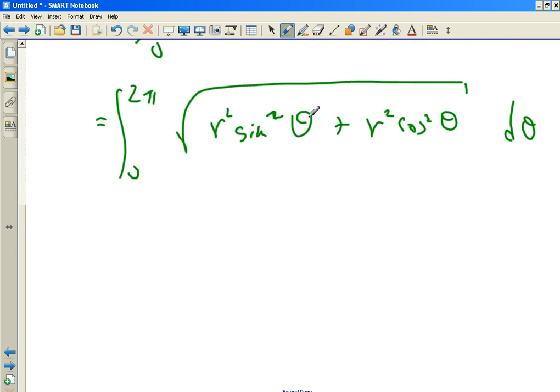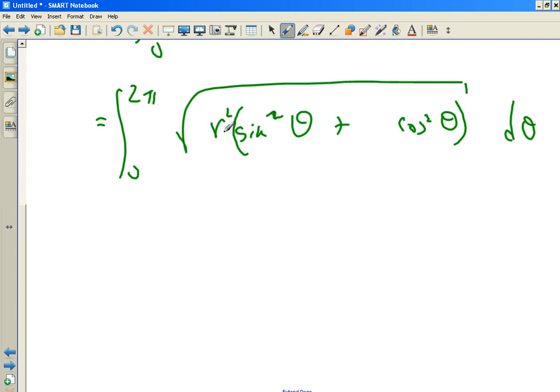Now, what's nice about this? R squared is a common factor. Factor it out. And cosine squared theta plus sine squared theta is 1. What's the square root of r squared?